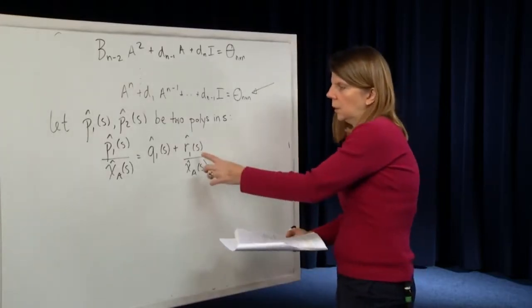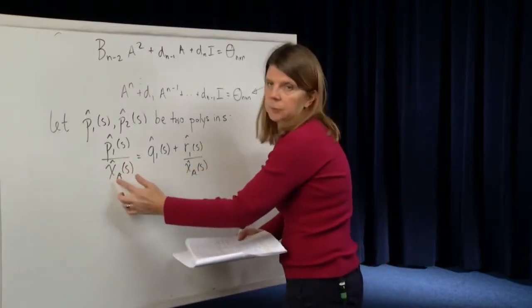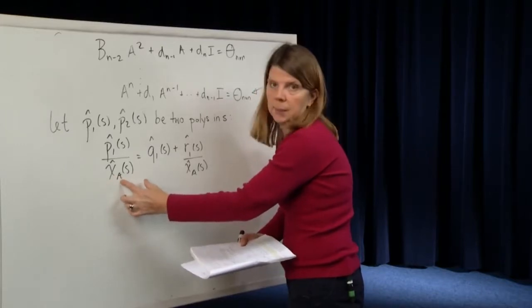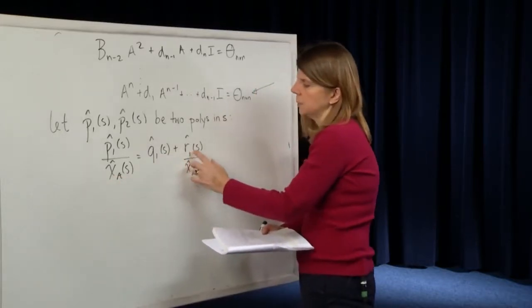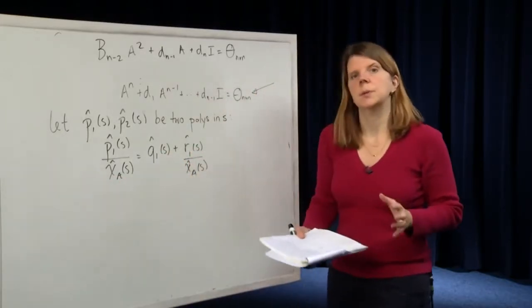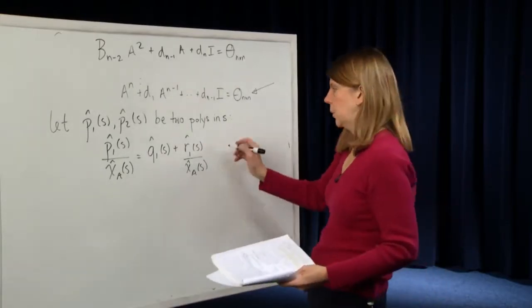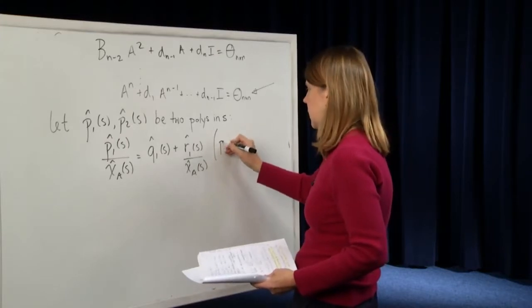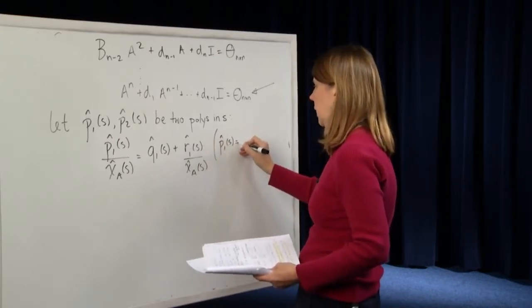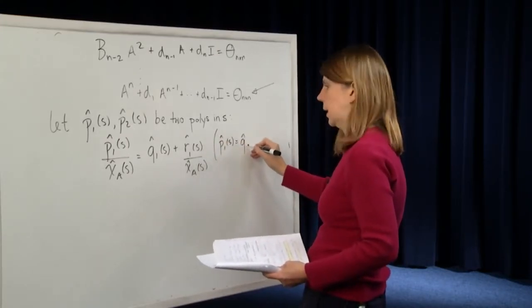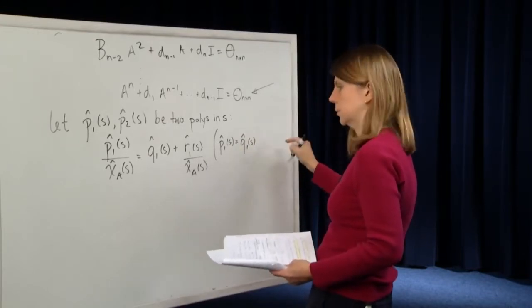What I know is that the characteristic polynomial is of degree n for an n by n matrix A, so the remainder is going to be of degree less than n. So I've factored out the characteristic polynomial through this quotient representation.